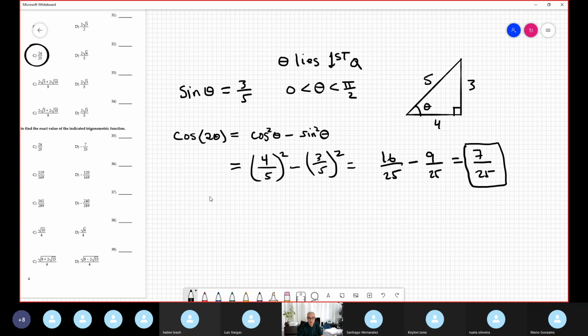You multiply by 2, you have 0 less than 2 theta less than pi. And this is totally ambiguous because it lies between 0 and pi. So it's maybe in the first quadrant or in the second quadrant, according to this interval. However, I guarantee you 100% that it lies in the first quadrant because the value is positive. So you don't care.